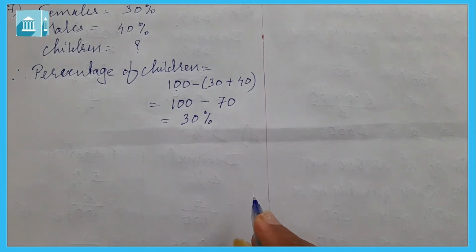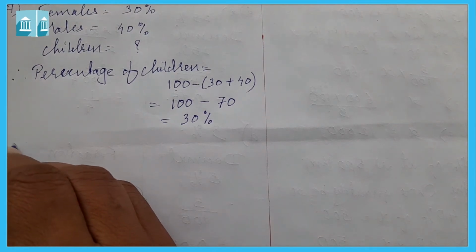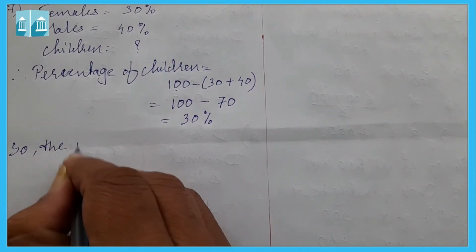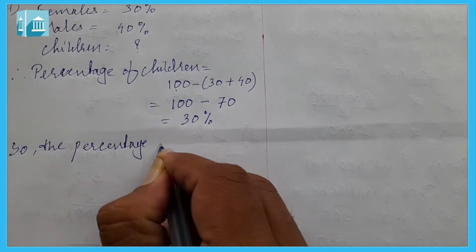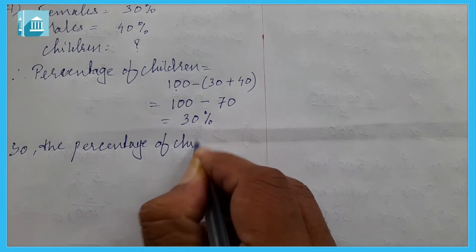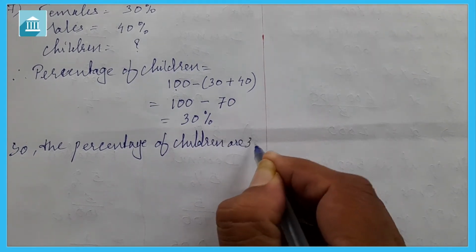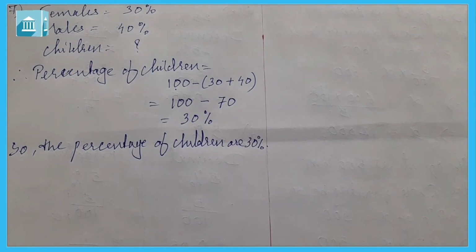So we can say that the percentage of children are 30%.